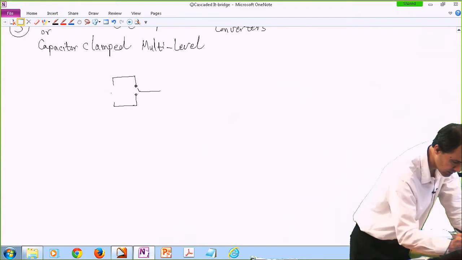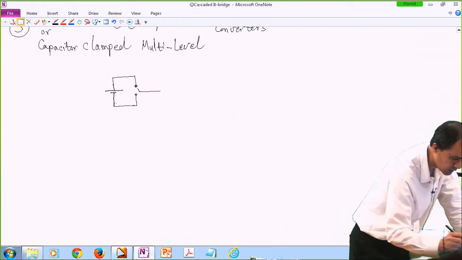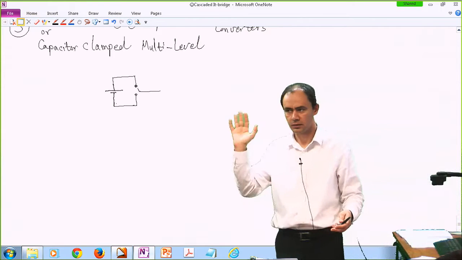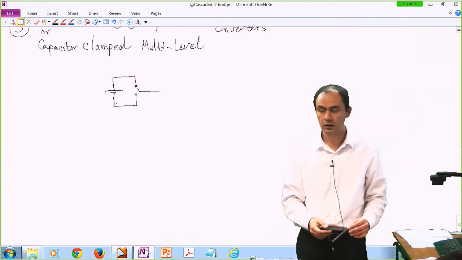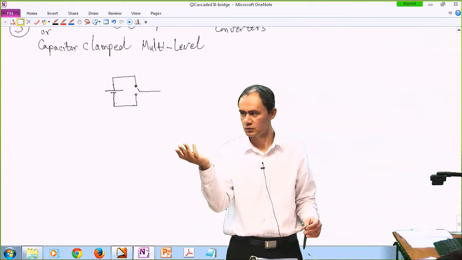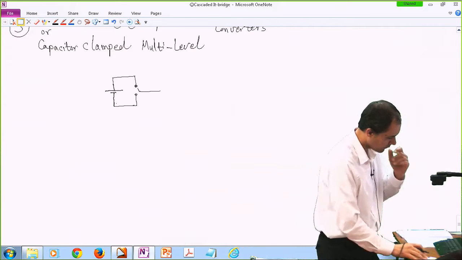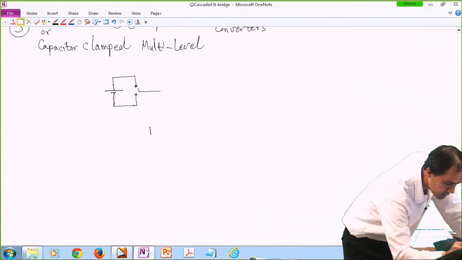Let's assume it's an independent source. It's a solar panel or a power supply, like a floating thing. So the very basic cell that we are very familiar with is this. So depending on the position of the switch, we can generate two levels. Now, let me extend it with a little trick to this.